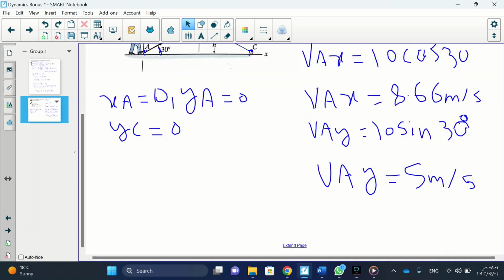So let's put this in an equation. How do we find R?